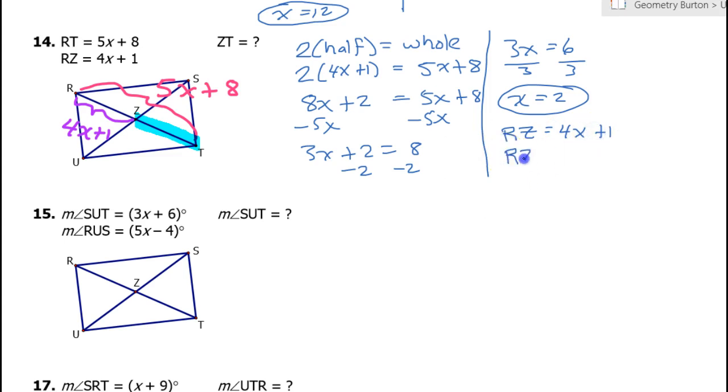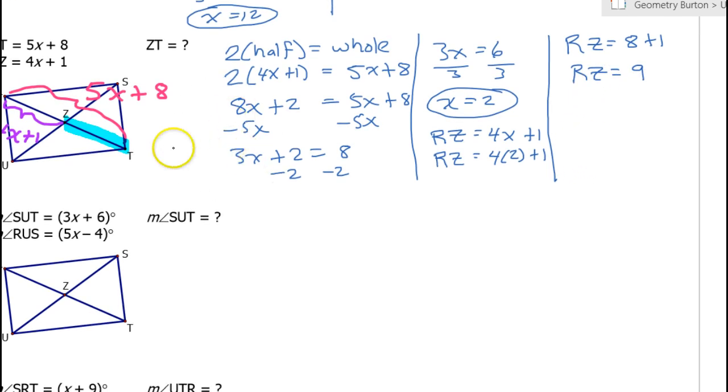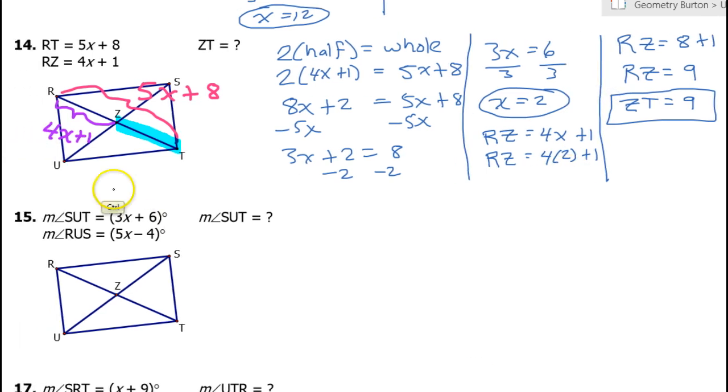Now that I know that x is 2, this will be 4 times 2 plus 1. That means RZ is 8 plus 1, so RZ is 9. And if RZ is 9, that means ZT is also 9, because they are two halves of the same diagonal.